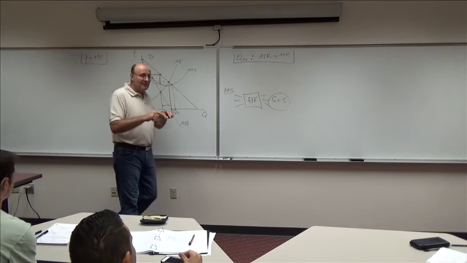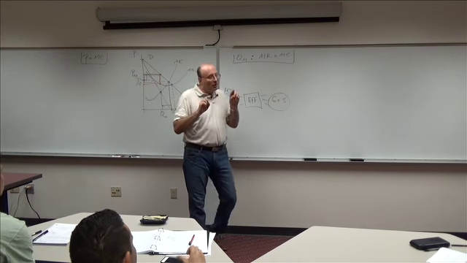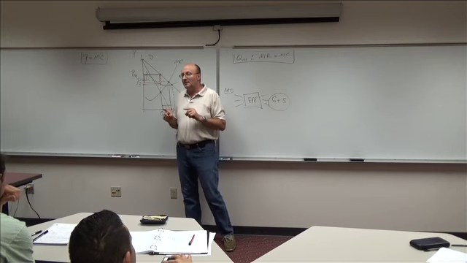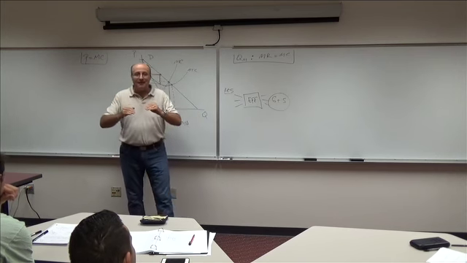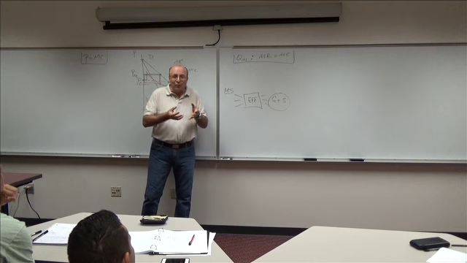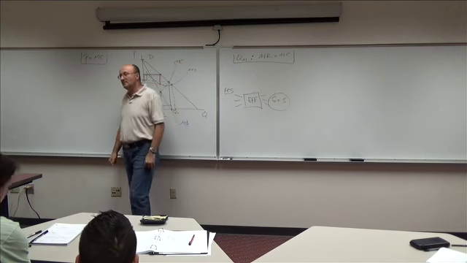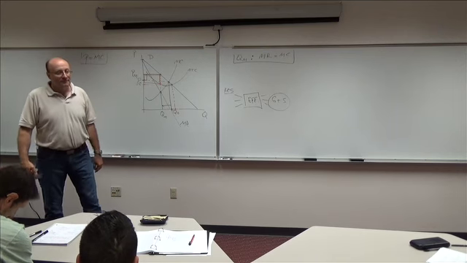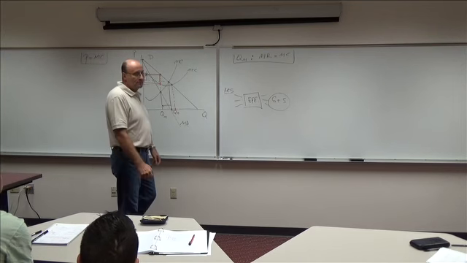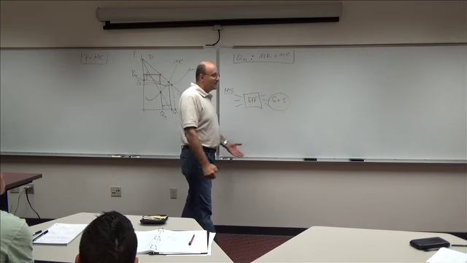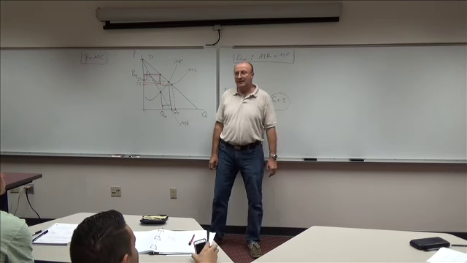Market economy ends up in that efficient long-run equilibrium only when the government does what? Creates and maintains institutions that support that free market economy. How do we know that, guys? Because we've seen how it works when this is not the case.